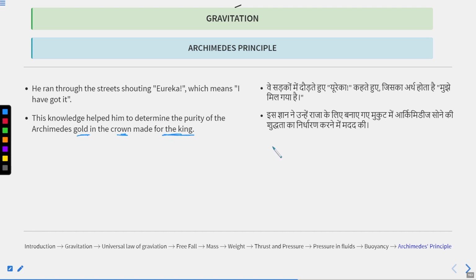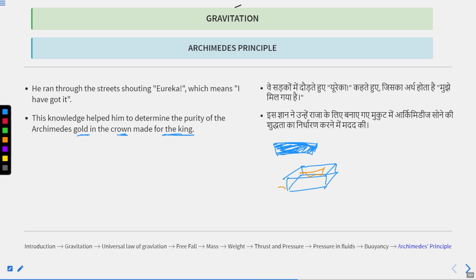The king of Greece had a gold crown, and the king wanted to know the purity of the gold in the crown. So how are you going to check the purity? Just put it in a fully filled water beaker or container.